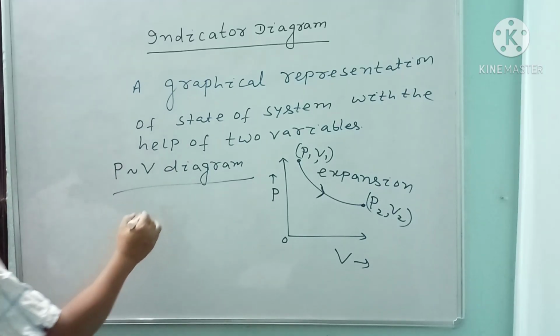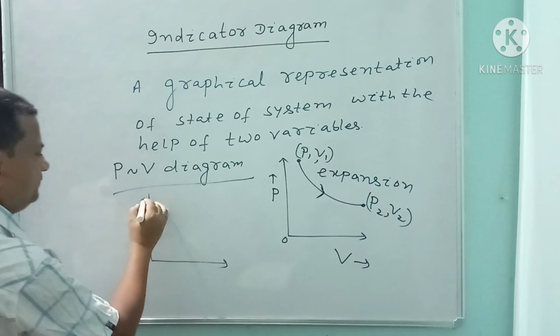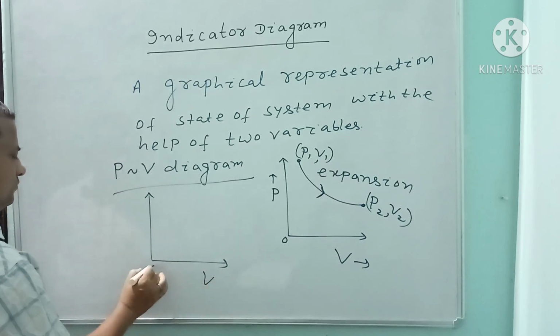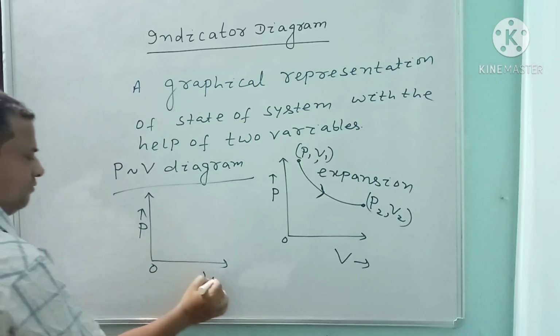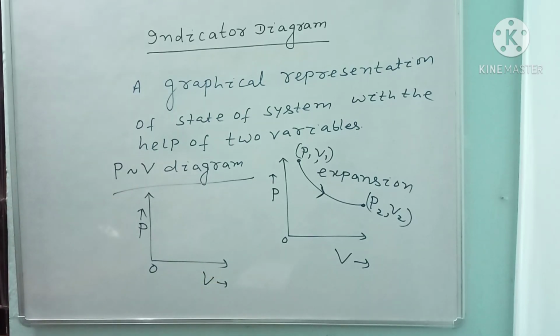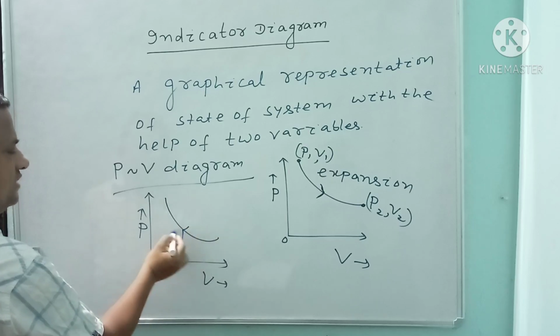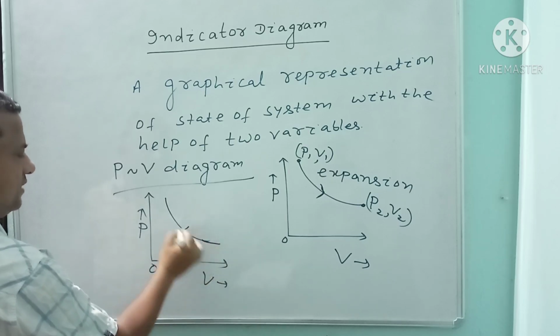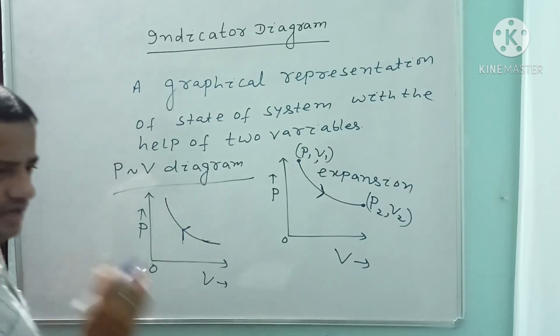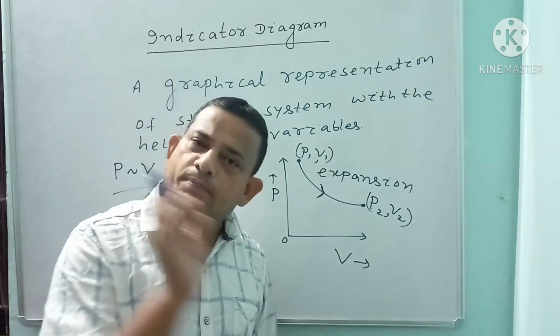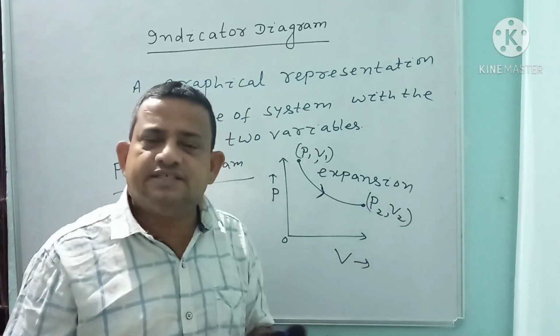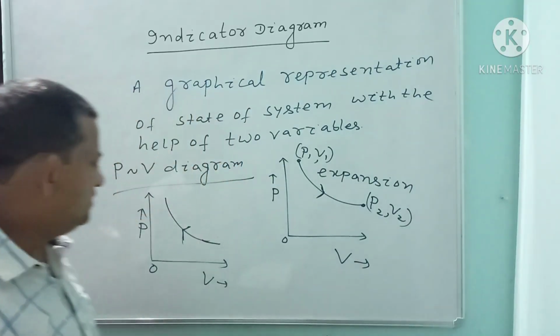If I make the graph like this, students, you see, arrow is in this way. If arrow is in this way, it is the case of compression. Gas is compressed, its volume decreases.